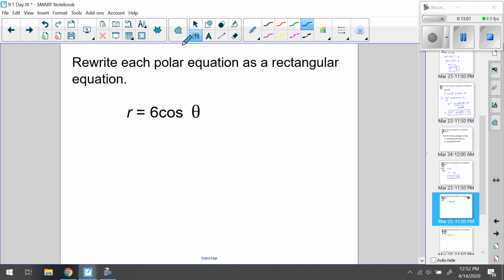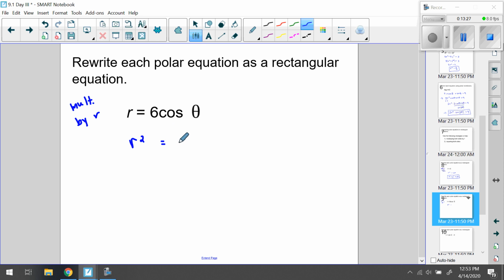So instead, if I multiply both sides by r, I'm kind of thinking that might be the choice here, because I'll get r squared still, which is still helpful. And on the other side, I'll get 6r cosine theta. And so let's do that and see how that plays out. I get r squared, and then if I multiply the right side here by r, I could really put that r wherever I want.